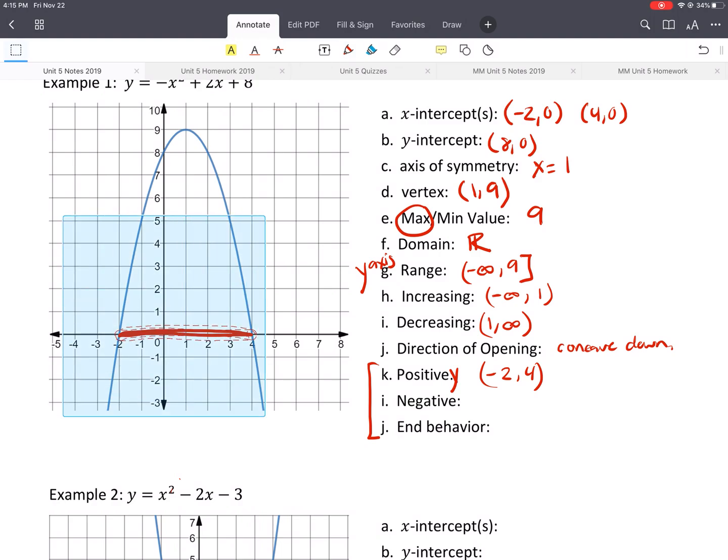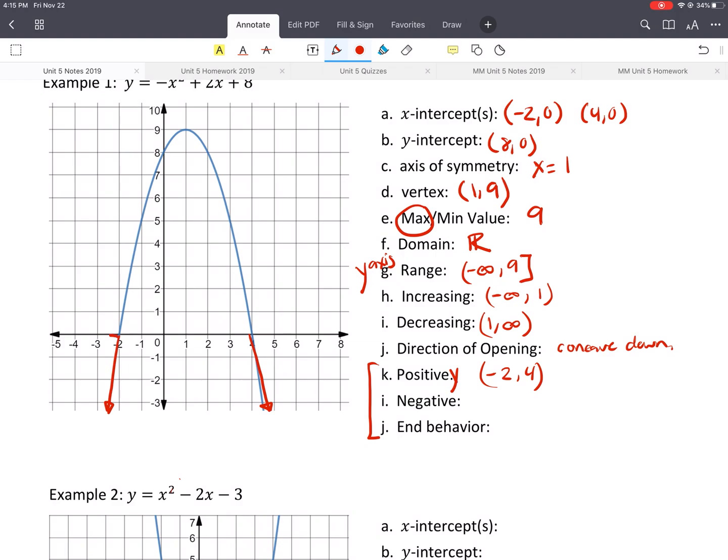Okay, if we want to find negative values, well, that would be all of these all the way to infinity. So we would want to write those intervals, that's where they start and where they end. So negative values, here if we start at the left side, it would be negative starting at negative infinity and goes all the way to -2.